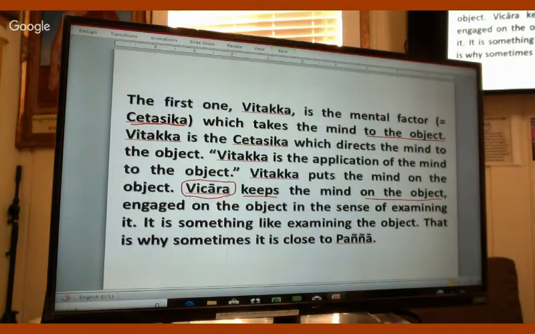But Vichara has the function of keeping the mind on the object, not to fall down, not to go back to other different objects. So Vichara engages the object in the sense of examination. That's why sometimes Vichara looks like Panya, because Vichara is like an examination.